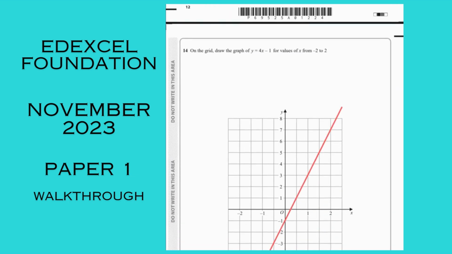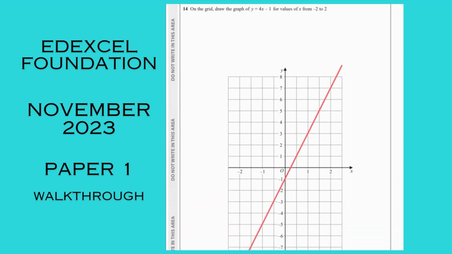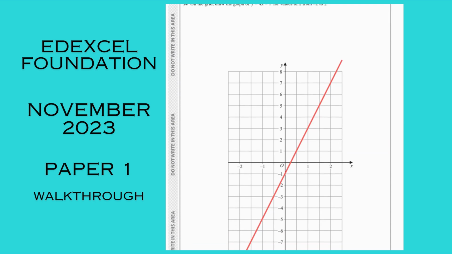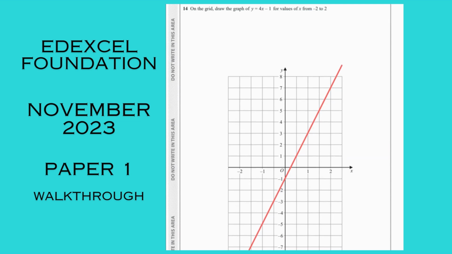It's going to cost 23 pence to make a scrunchie. Number 14. Oh, whoops, I've cheated yet again. Now you've got a choice on this. You could go for the y equals mx plus c. So the intercept is -1. The gradient is 4, which means you start at -1, go along 1 unit, up 4, along 1 unit, up 4.